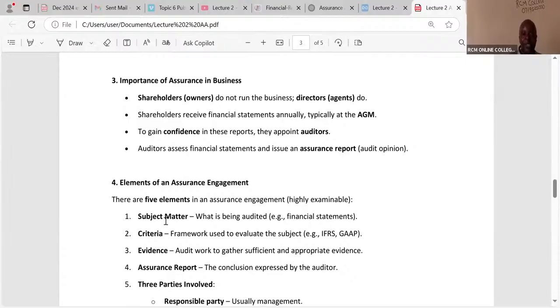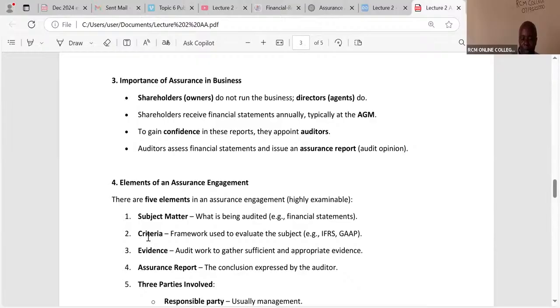There must be the subject matter. What is being audited? In this case, the subject matter of the company we're going to audit is the financial statements. There must be the subject matter. Number 2, there must be criteria. There must be a framework against which I'll be auditing those financial statements. I'm not going to audit those financial statements in a vacuum.